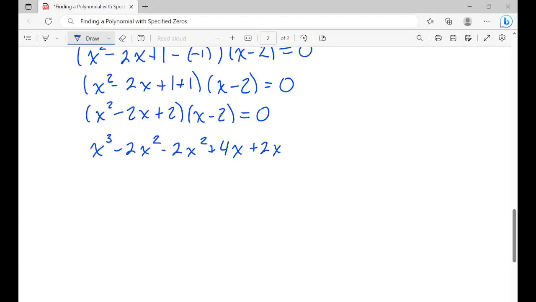Then 2 times negative 2 is negative 4. And now I just combine like terms one more time, and I will get my function.